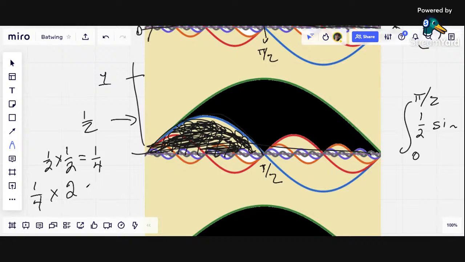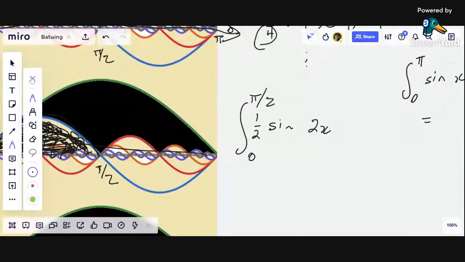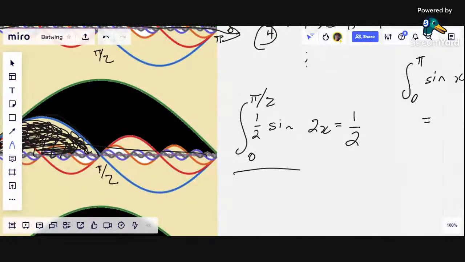So one quarter of two, which is one half. Okay, so without doing the integrating, not that it would be terribly difficult, just by scaling down the larger one, we know that this is one half.